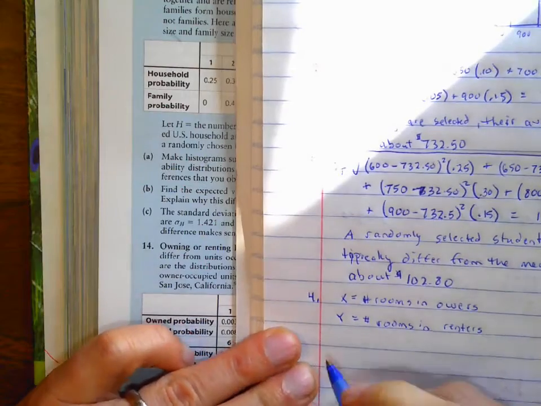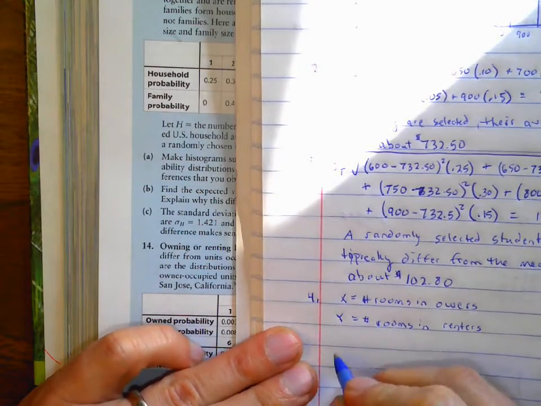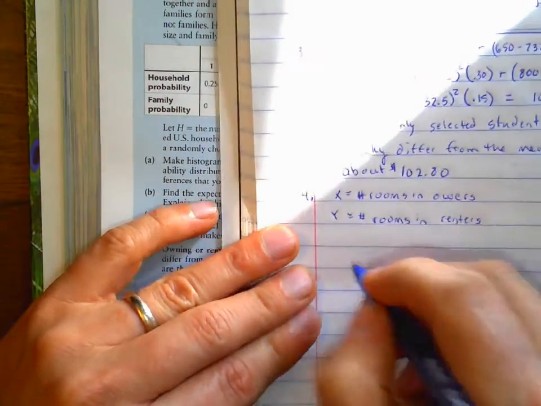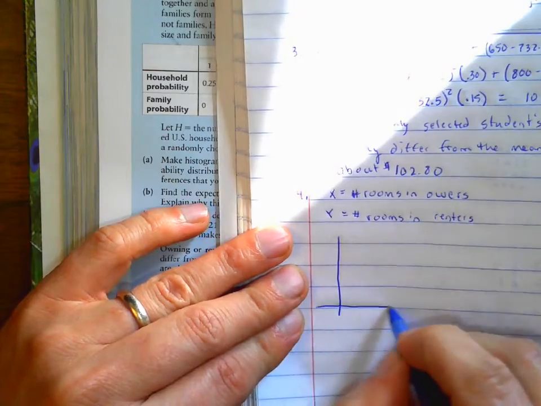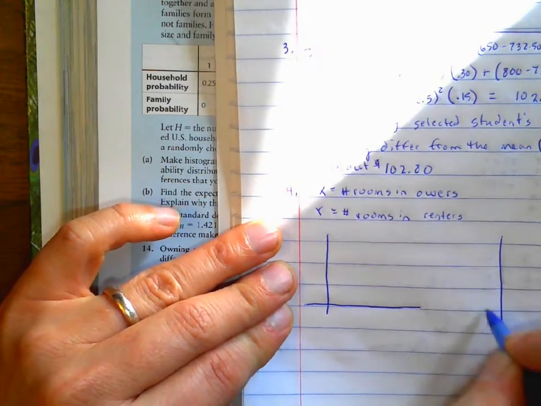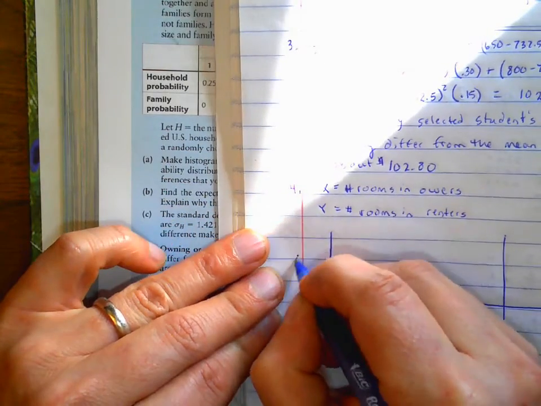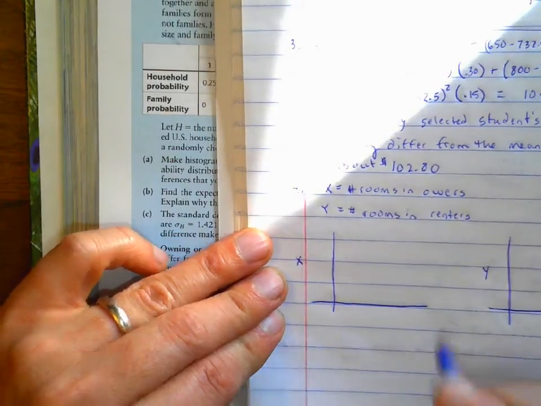So we're going to make a histogram to compare the two. We're going to make 2 histograms, one for X and one for Y. And it went from 1 to 10 rooms.